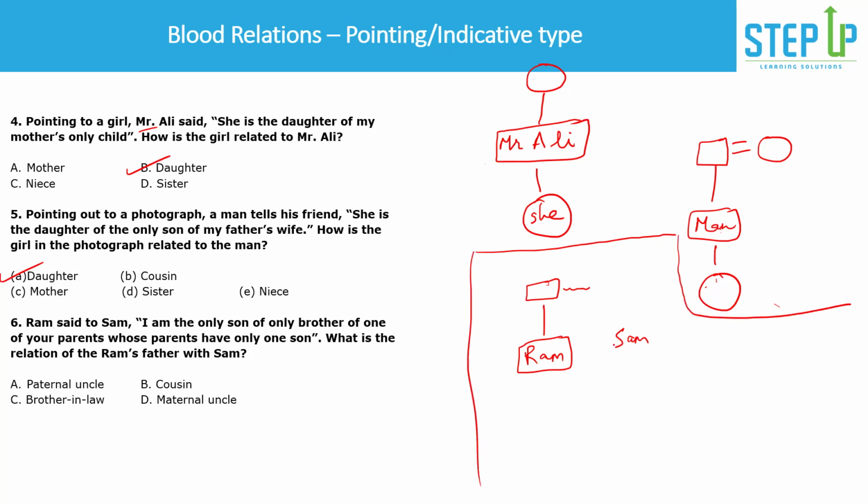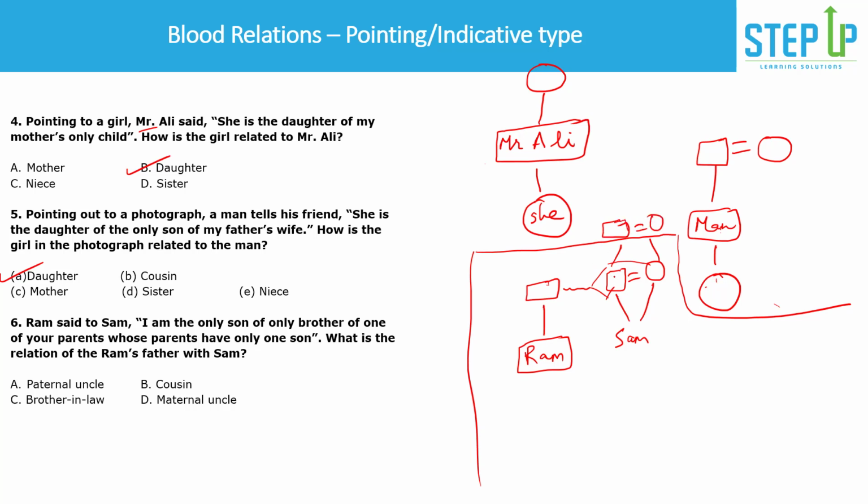So he says, Ram says to Sam, I am the only son of only brother of one of your parents. Okay, so Sam's parents. Now Sam's parents could be both Sam's father's brother or Sam's mother's brother, right? So we don't know, right? Through either way, we don't know whether through this one or through this one, right? Only brother of one of your parents, whose parents have only one son.